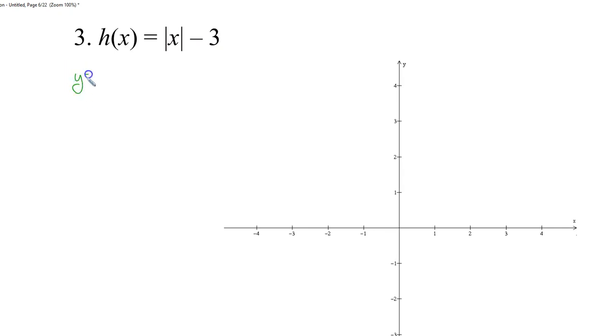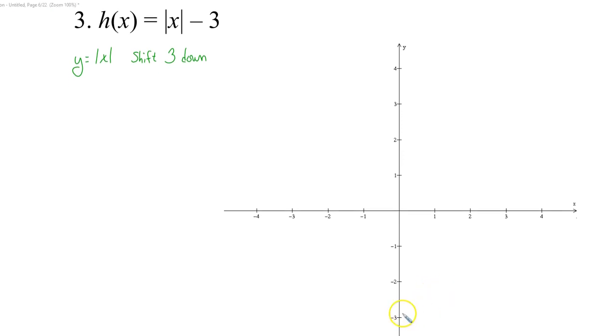Okay. The absolute value of x, and now we're going to have minus 3. This is our function h of x. Our basic toolbox function is the absolute value of x, and we're going to shift this, and you should have seen this one before, 3 units, and because it says subtract, we're going to go 3 units down. So rather than turning here at 0, 0, it's going to turn down here at 0, negative 3. Let's move this down just a little bit. So at 0, negative 3.